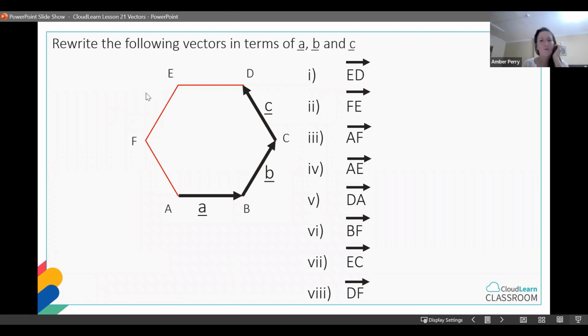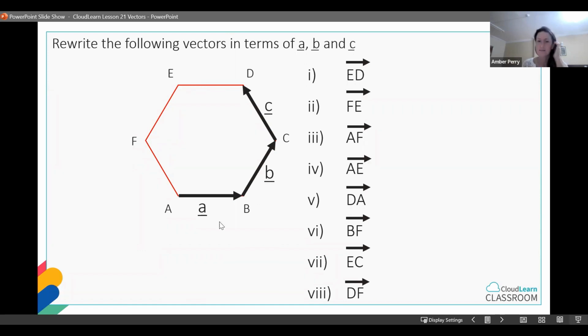Okay, so you'll see that happening here with this question, okay? So what I've got here is a regular hexagon, and in an exam, you'd have to be told that this is a regular hexagon. A regular hexagon is symmetrical across, from vertex to vertex straight across. So that means that this line from A to B is exactly the same size and parallel to this line from E to D and so on, okay?